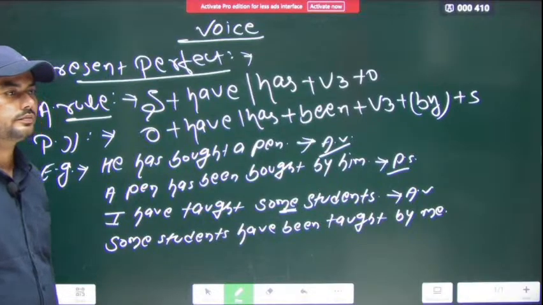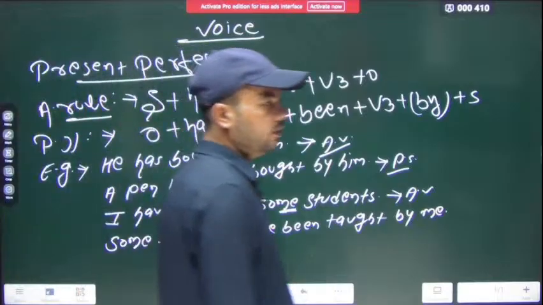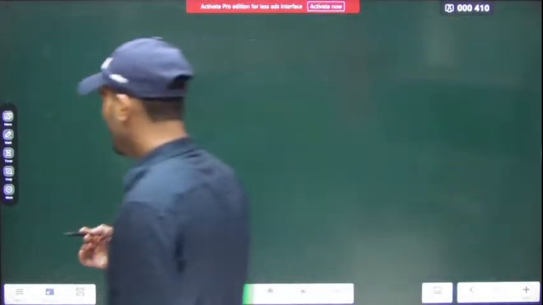Next, present perfect we completed. Now we will go for simple past. Okay, our next tense is simple past.